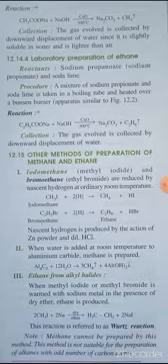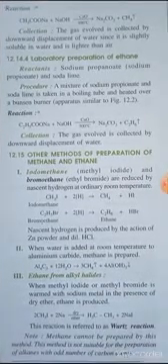Iodomethane is also called methyl iodide. So methyl iodide is the common name and iodomethane is the IUPAC name. And bromoethane or ethyl bromide are reduced by nascent hydrogen. Nascent hydrogen means hydrogen in atomic form at ordinary room temperature.